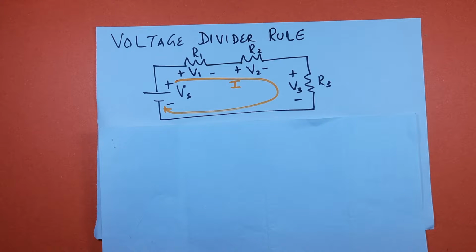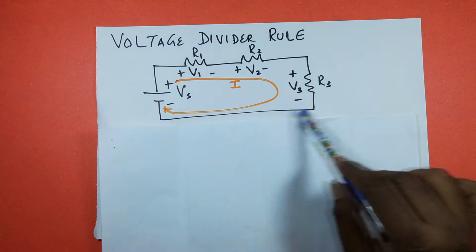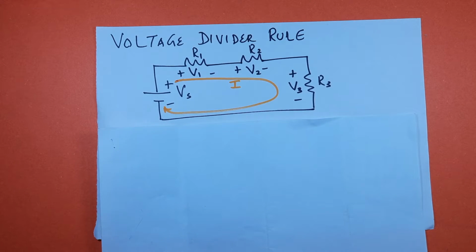So using the voltage divider rule, you can find out the voltage across a component or a resistor in a series circuit. For example, to find the voltage across this resistor R3, suppose I want to find out the voltage across resistor R3, which is nothing but V3.